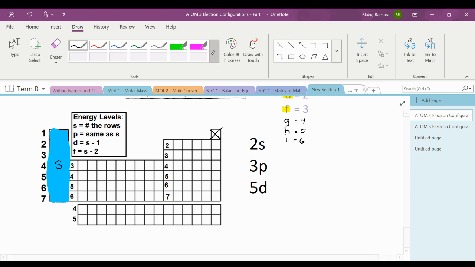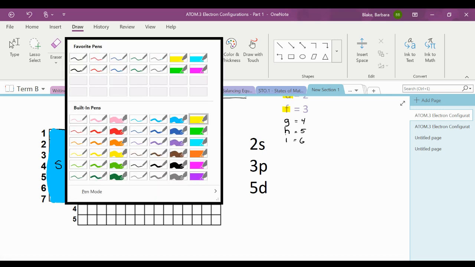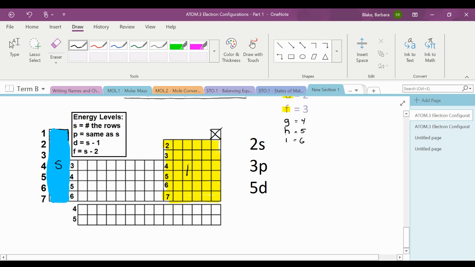And for my periodic table, I can take this area over here, and this section of the periodic table is going to represent my p orbitals. The center part of the periodic table is going to represent my d orbitals.